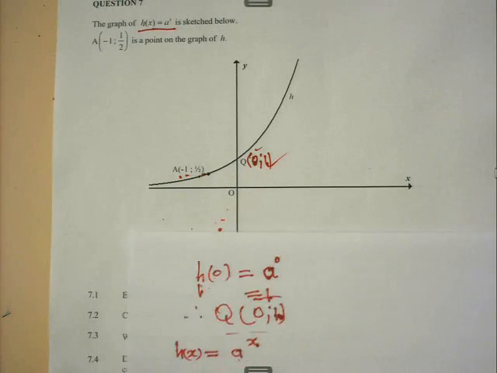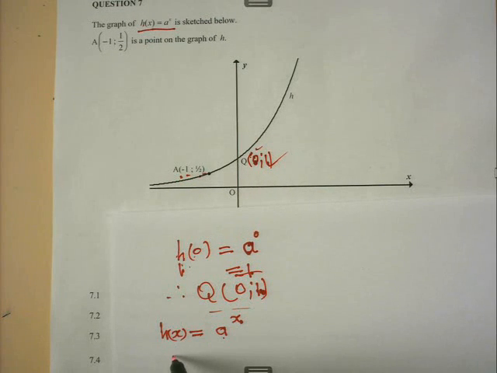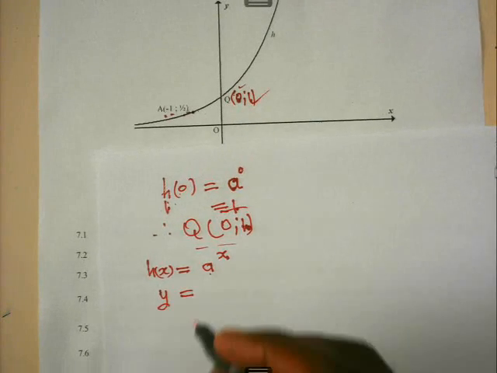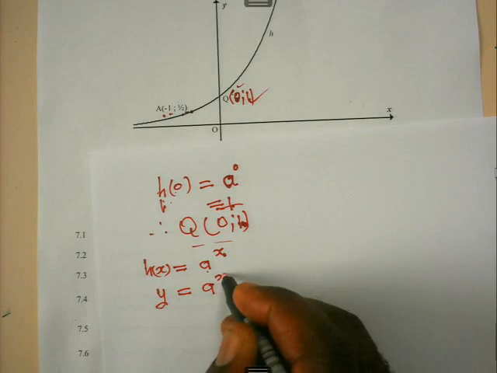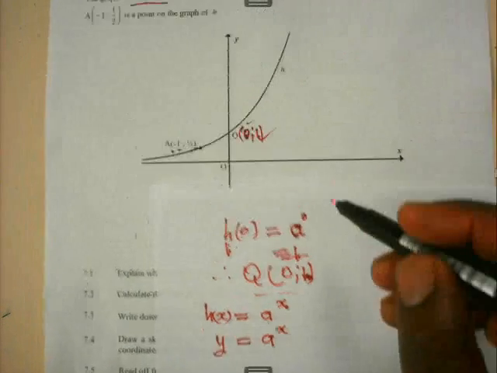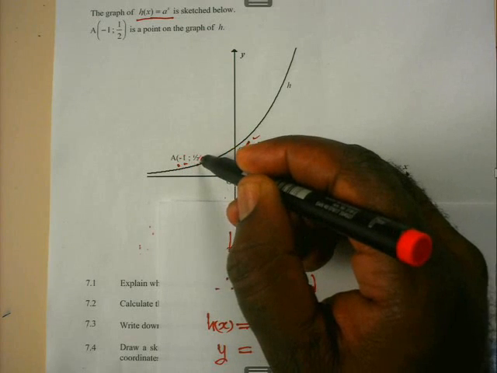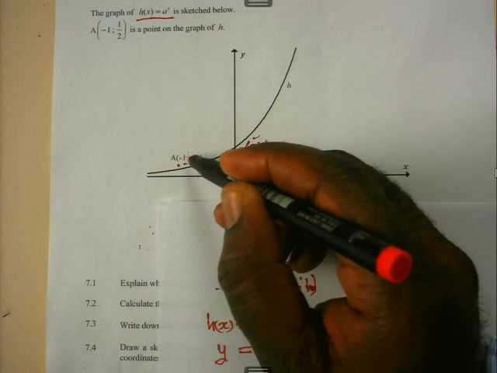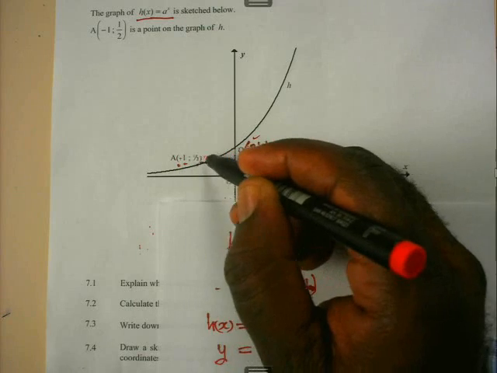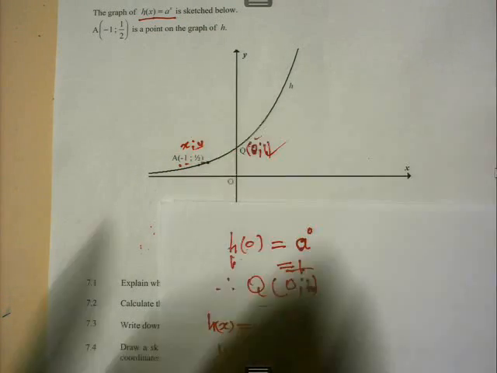Now, we mustn't forget that h of x can always be y. If I write this in terms of y, it means I have y equal to a raised to the power of x. Then why am I doing that? Because I have this point with coordinates -1 and a half, where -1 is my x and a half is my y.